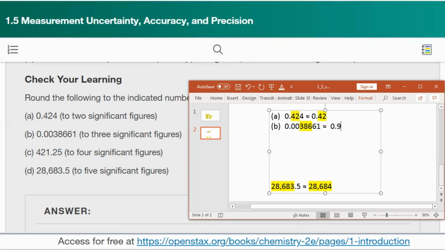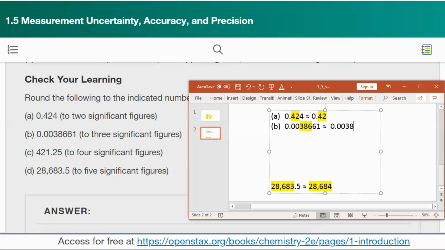So 0. We include the original leading zeros. We're still supposed to do that, even though they're not significant figures, you need to include them. And then the 3 and the 8 are guaranteed there. So the question is what we do with the 6.